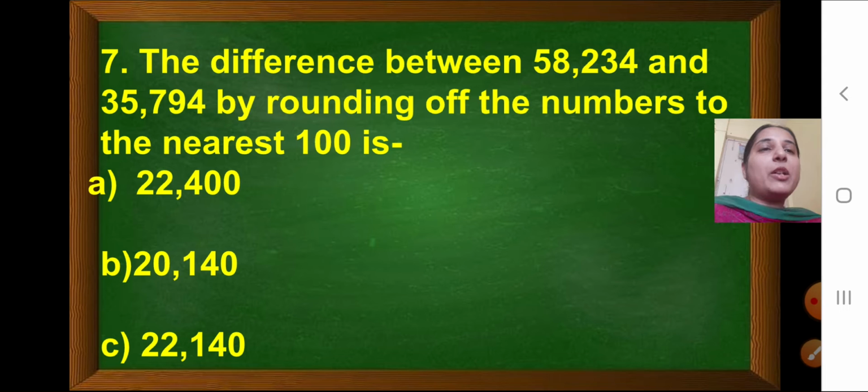The difference between 58,234 and 35,794 by rounding off the numbers to nearest 100 is. So here we have to find the difference by rounding off the numbers to nearest 100.